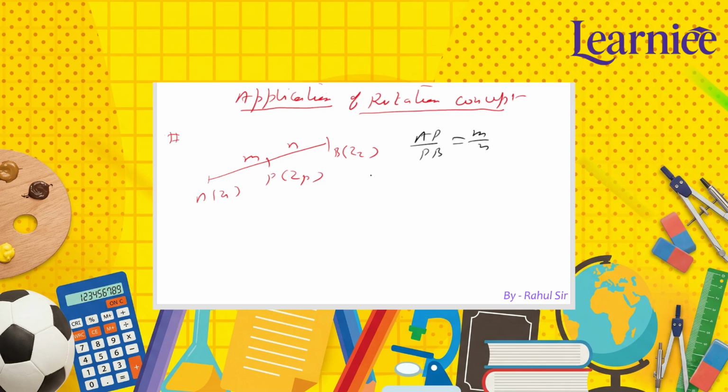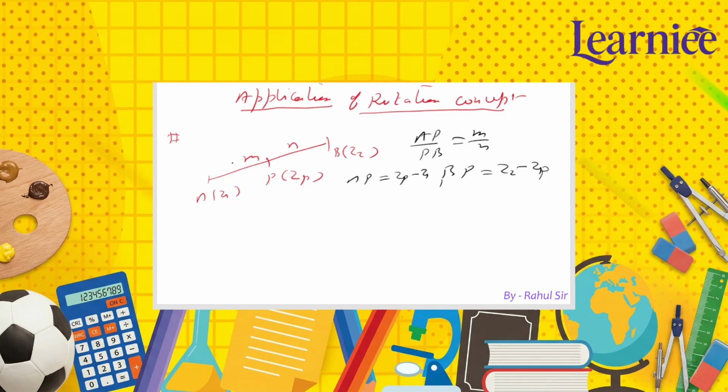And what is AP? I can say AP is zp minus z1. And then PB is z2 minus zp.